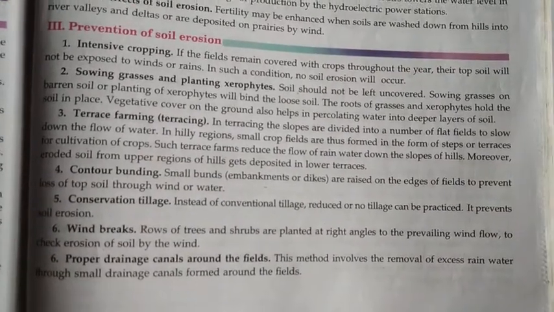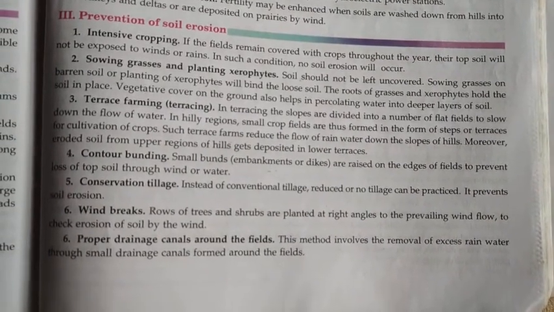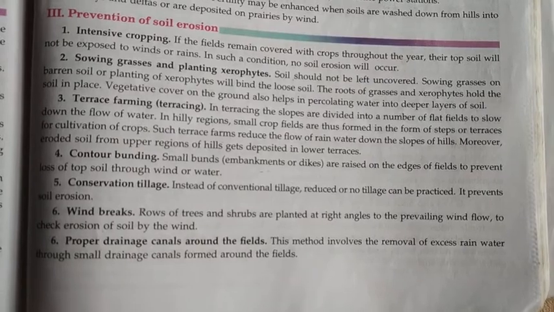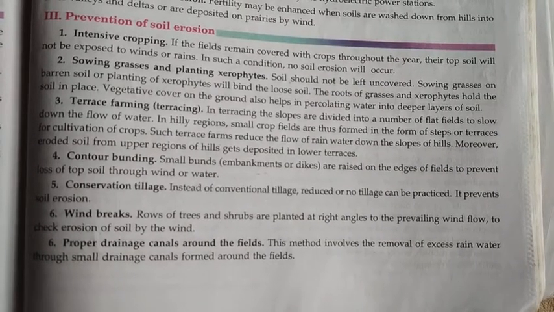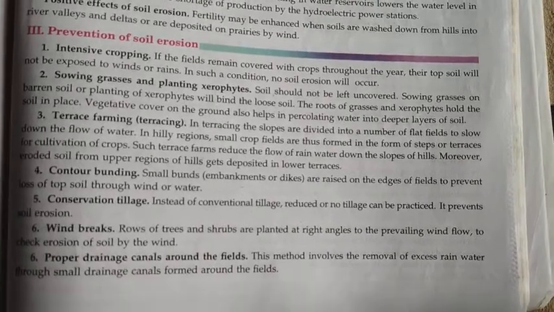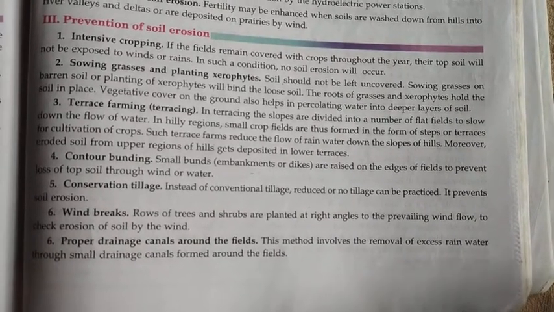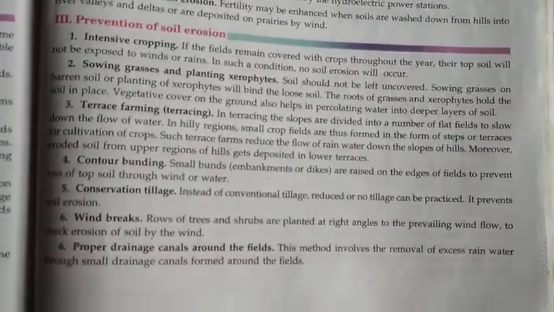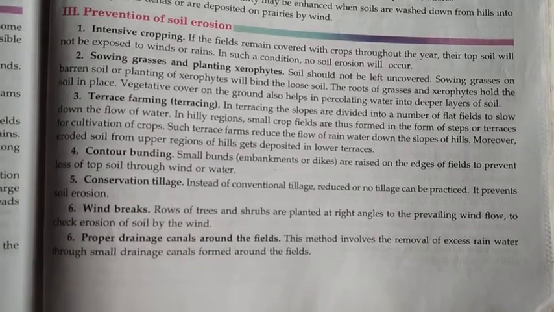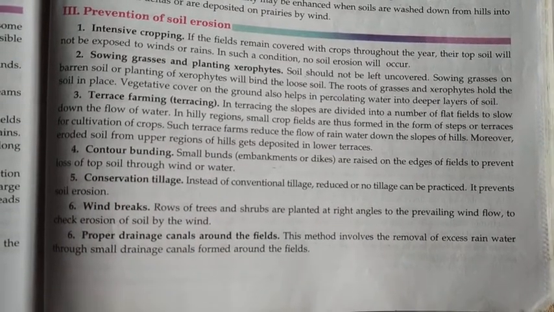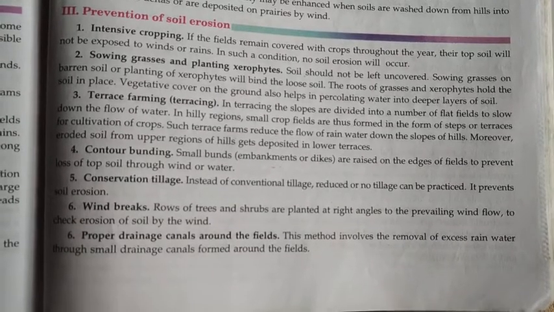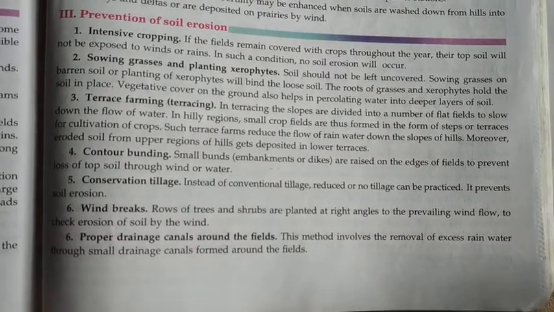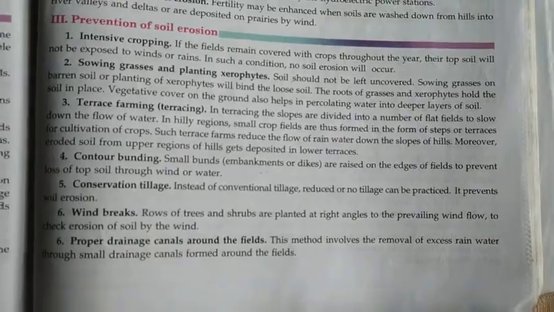Next one is proper drainage canals around the fields. This method involves the removal of excess rainwater through small drainage canals formed around the fields. All the things we are discussing here stop the flow of the topmost layer of fertile soil from moving from one place to another, which helps in the prevention of soil erosion.